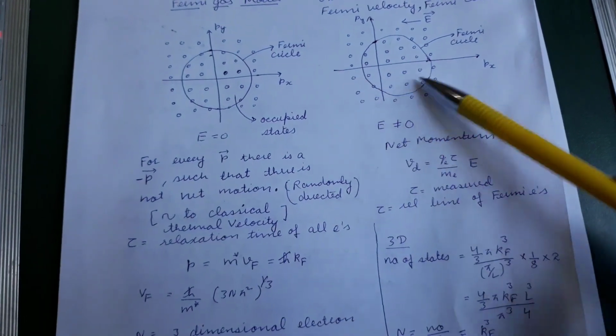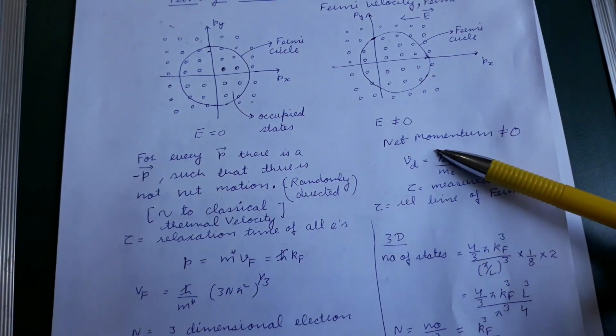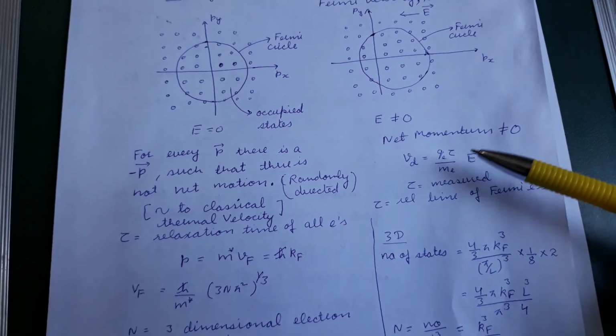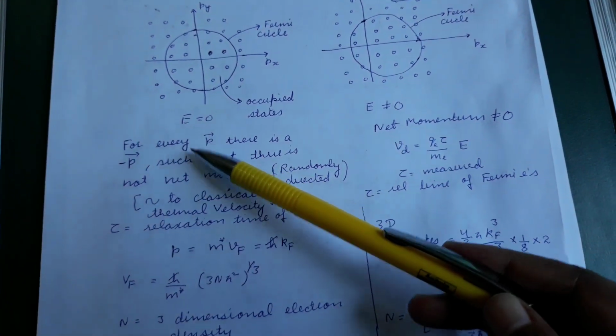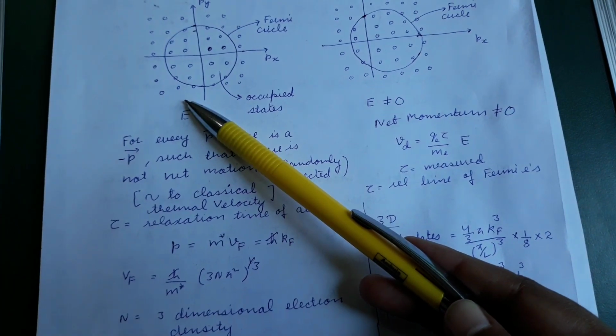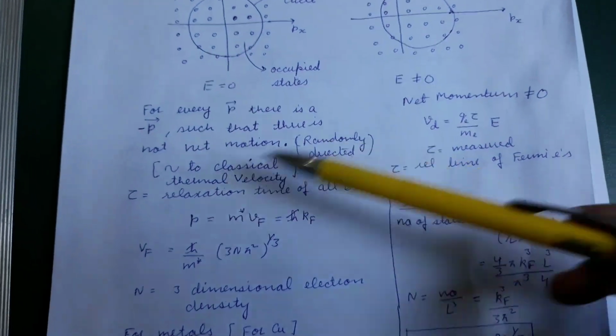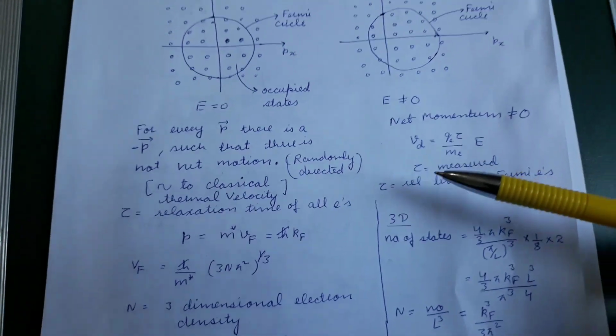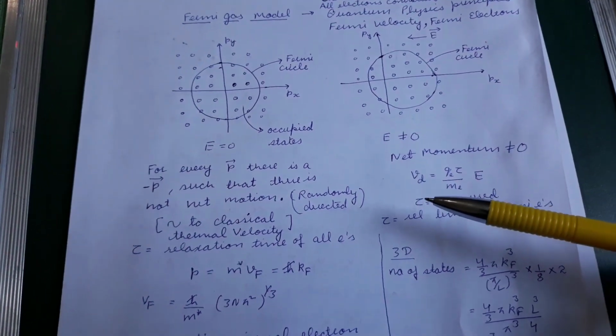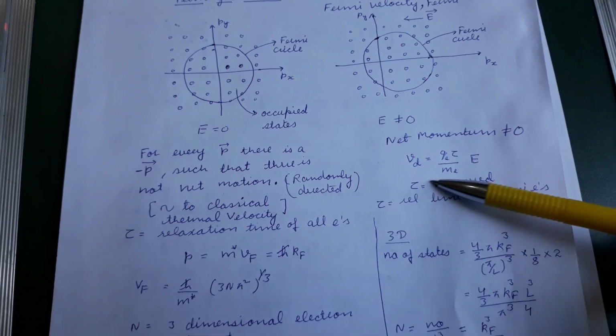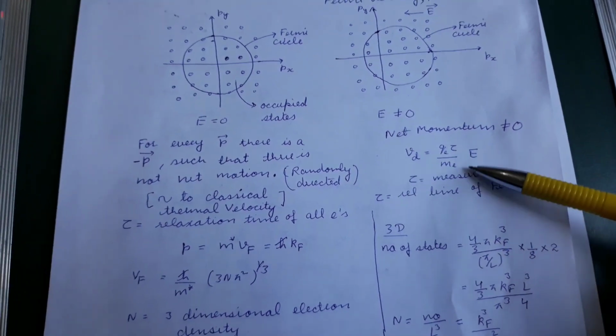And when an electric field is applied, then net momentum will not be equal to 0. And drift velocity will be similar. Here also we have shown that drift velocity is QE tau upon me. Similarly, in Drude model also we have seen this, while in Fermi gas model also, this will be the drift velocity that we will be using.